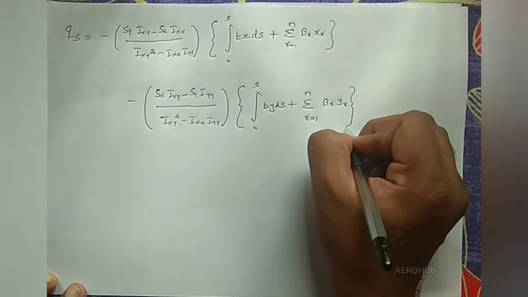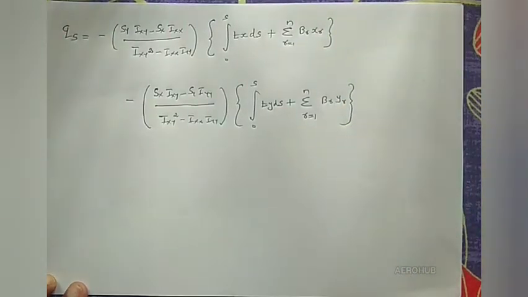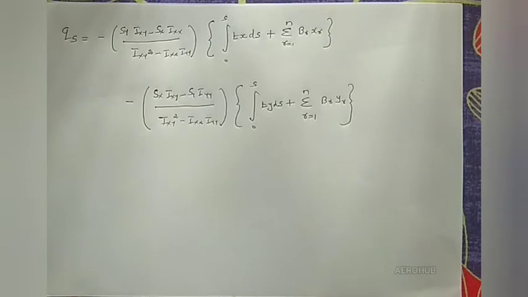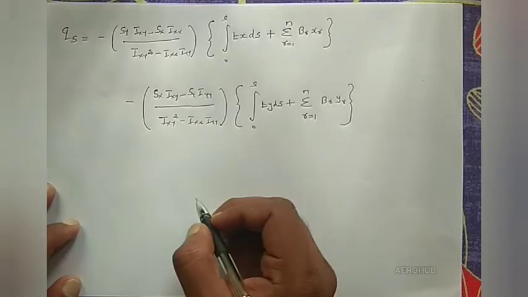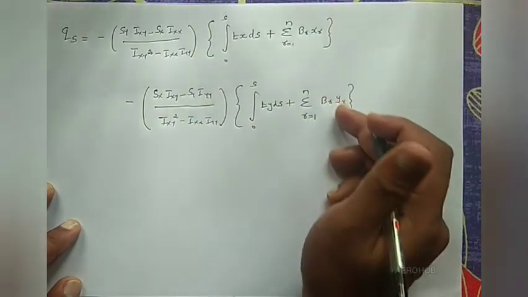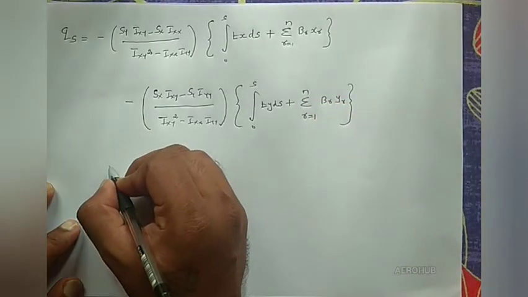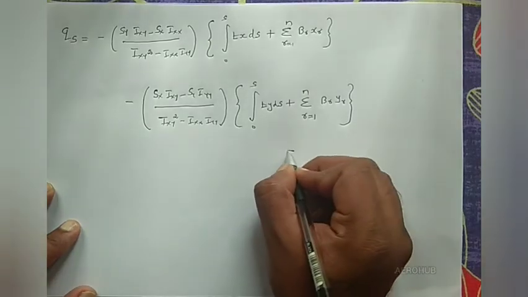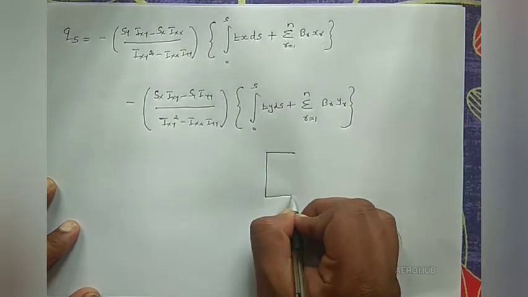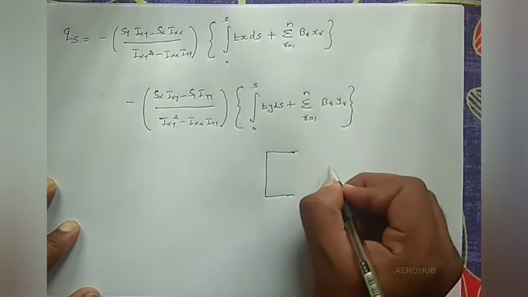Okay, this is the equation for a thin-walled open section. It is a general equation and can be applicable for both an idealized section and a non-idealized section. For example, consider a C section with boom areas 1, 2, 3, 4.